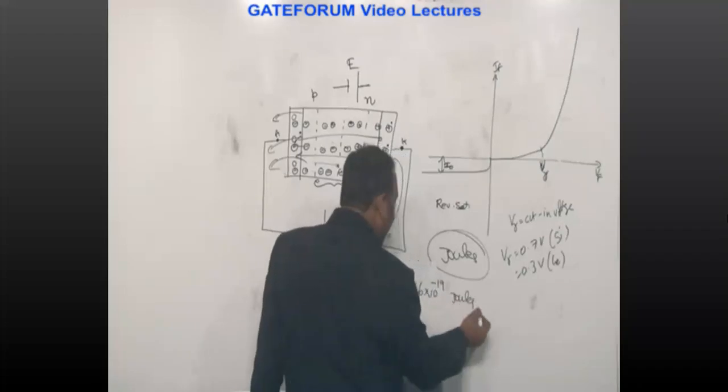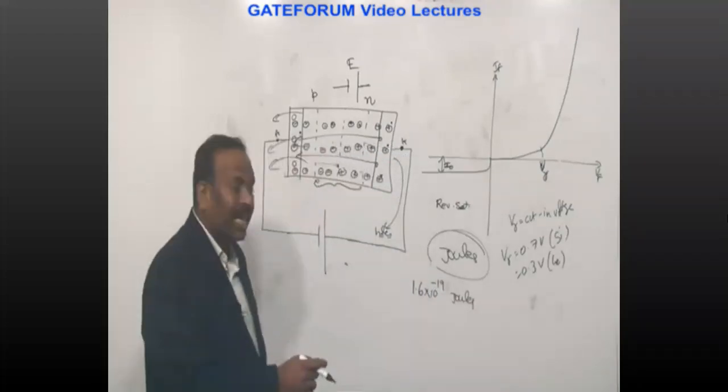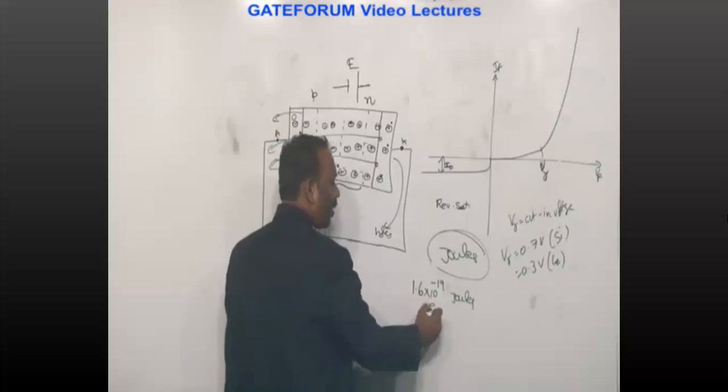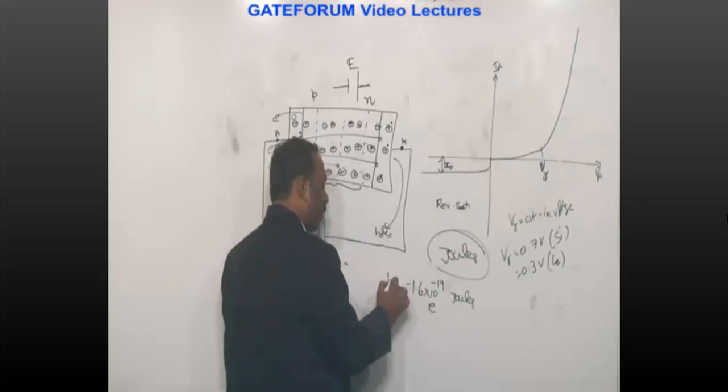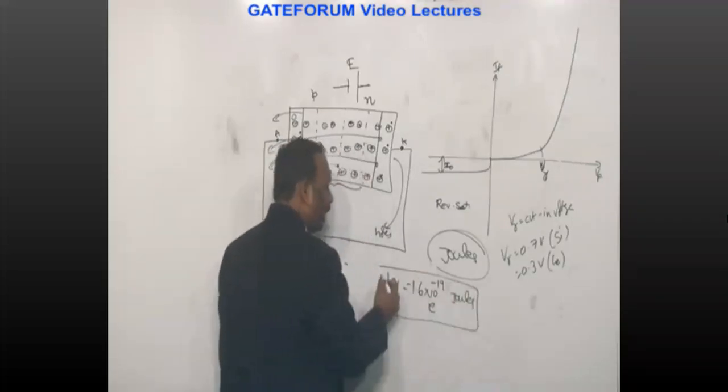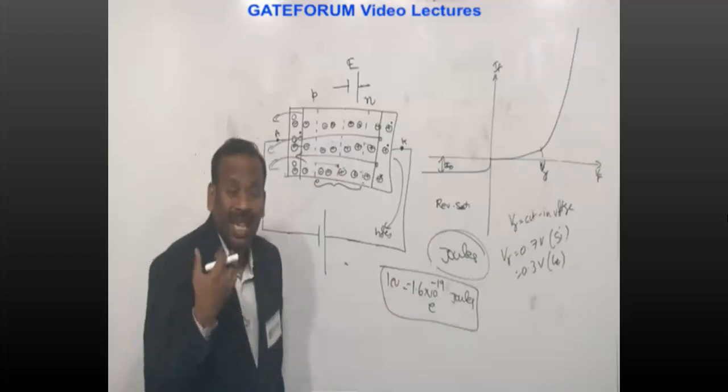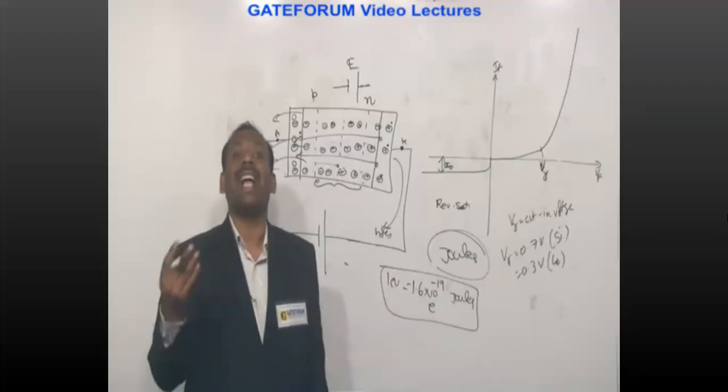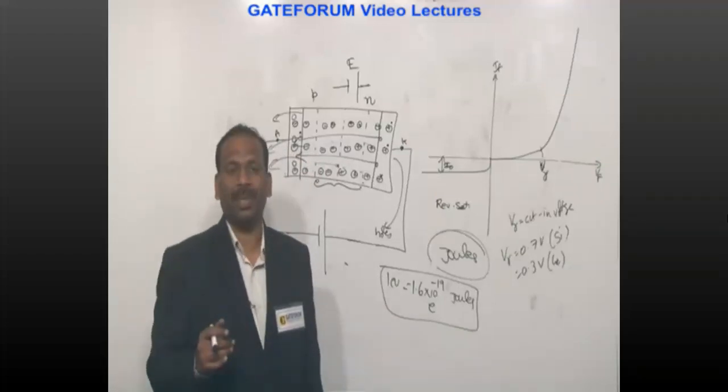That means we are multiplying the joule with 1 electron. Therefore it is called 1 electron volt. It's nothing but energy. Instead of expressing in joules, we are expressing in electron volts.